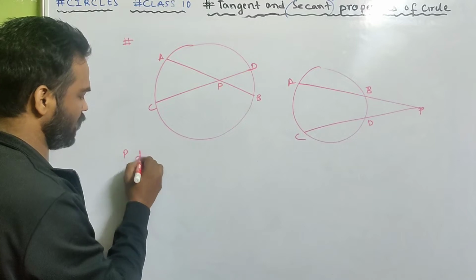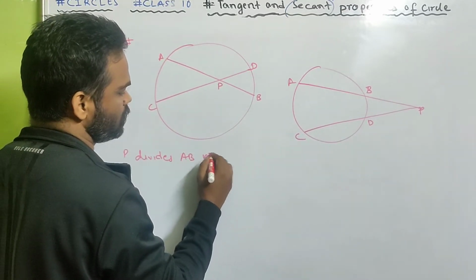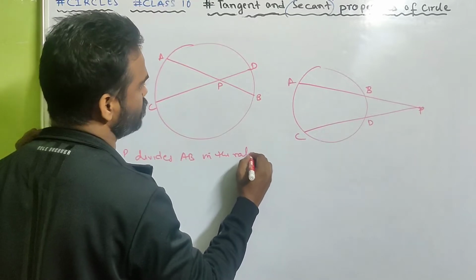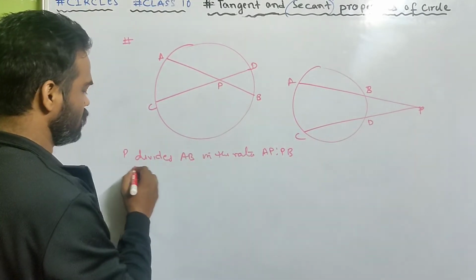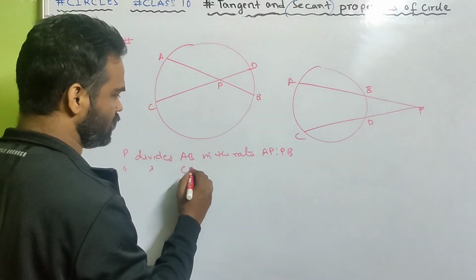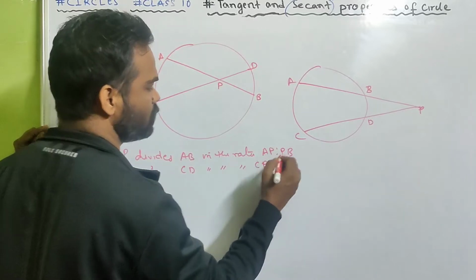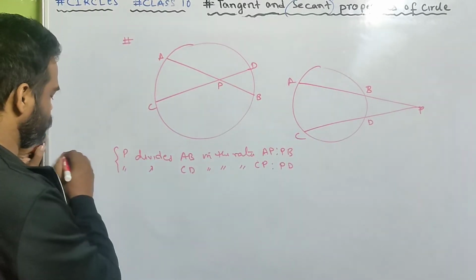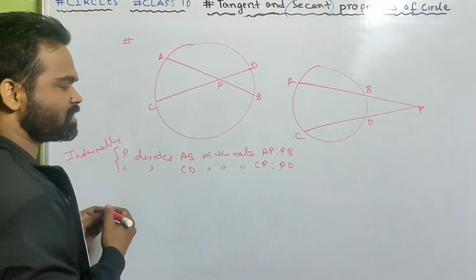So P divides AB in the ratio, just look carefully, AP is to PB internally, and P divides CD in the ratio CP is to PD internally. This was internally. That's externally.